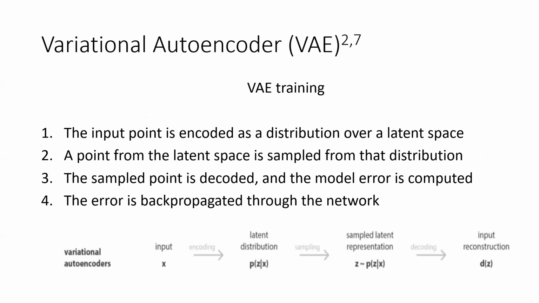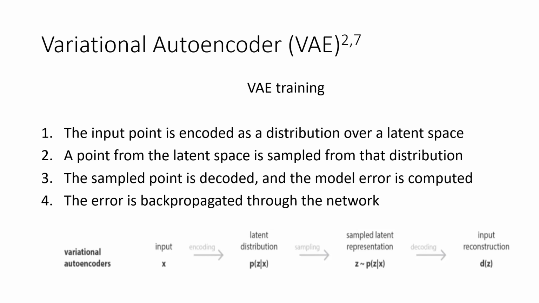Now, how is the variational autoencoder trained? An input point is encoded as a distribution over a latent space. As we said, the latent space, this Z, is a space that has enough information to be able to describe instances of the training data set.